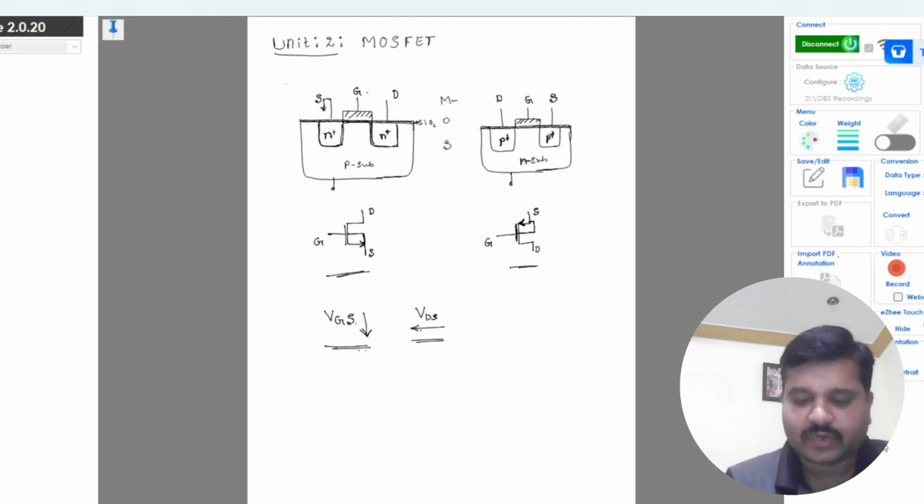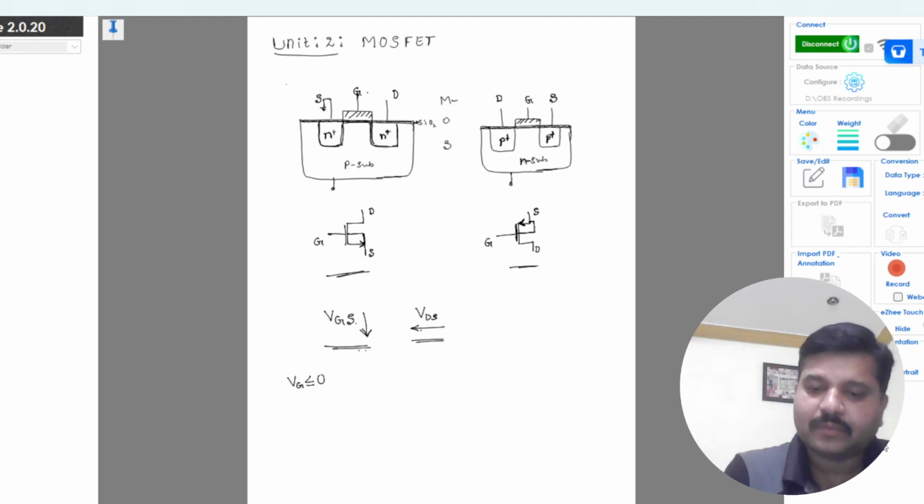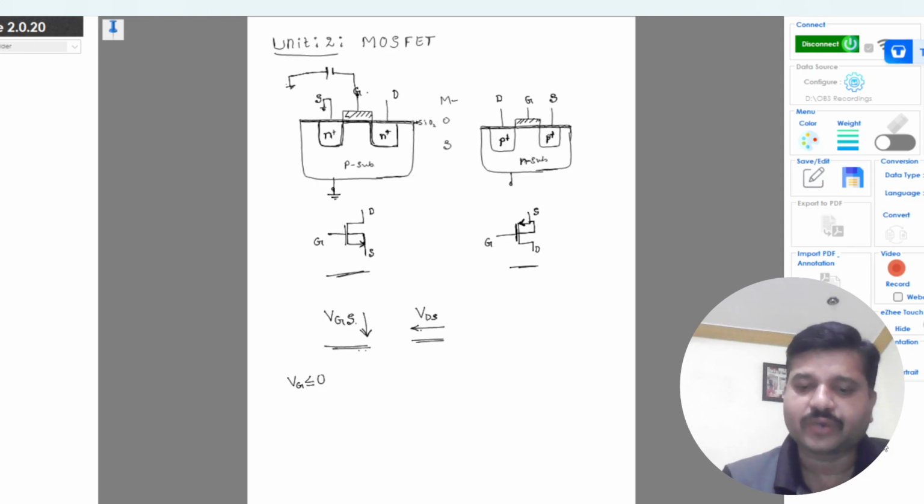So when we apply a gate voltage, for example, gate voltage is less than or equal to 0. That means if we apply a negative potential, what happens to this gate terminal? So all the electrons will come and sit on the gate, if I apply a negative potential with respect to the source, and this body or substrate contact for the NMOS device is also connected to ground or the lower potential, right?